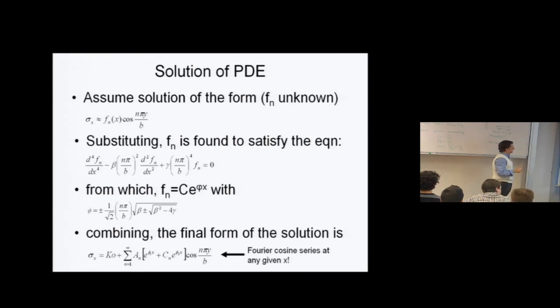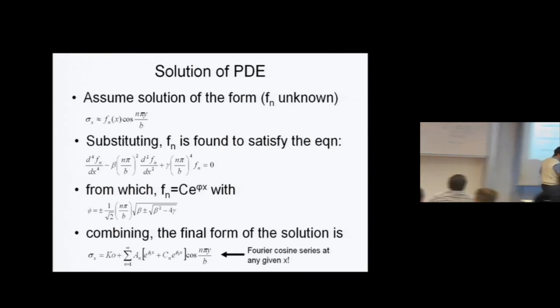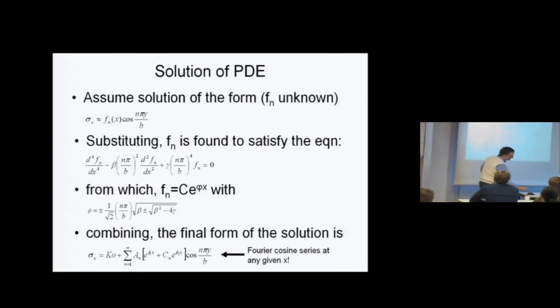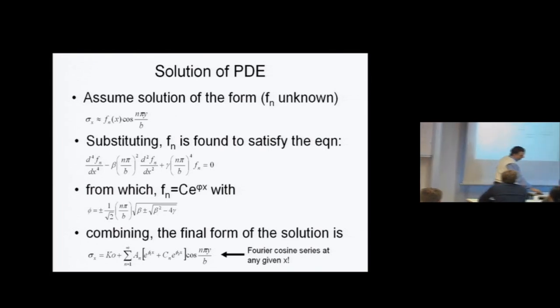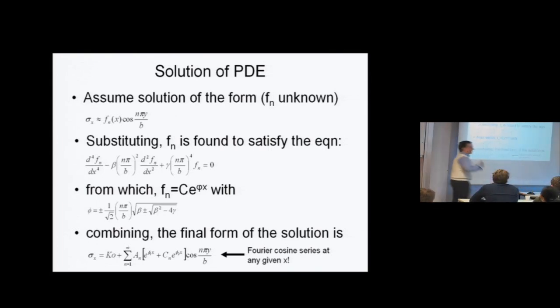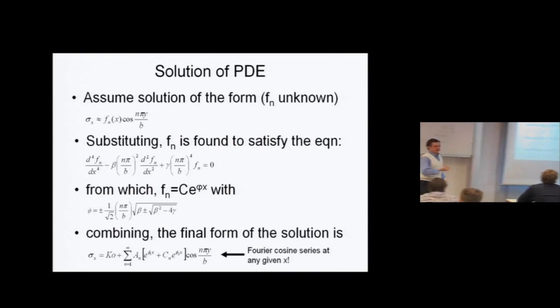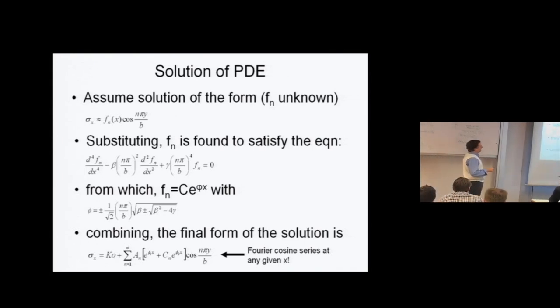If I use this and I substitute in my governing equation shown here at the bottom, then the y dependence disappears because I have even derivatives of y, so the cosines reappear, and I'm left with a single equation on x, an ordinary differential equation, fourth order on x, which from standard differential equation theory is in terms of exponentials with the exponents. Four exponents, plus or minus here and plus or minus there, means that I have 4 different exponents.